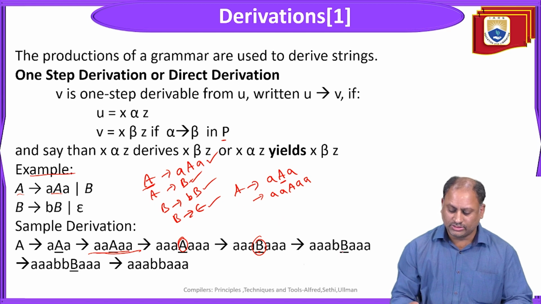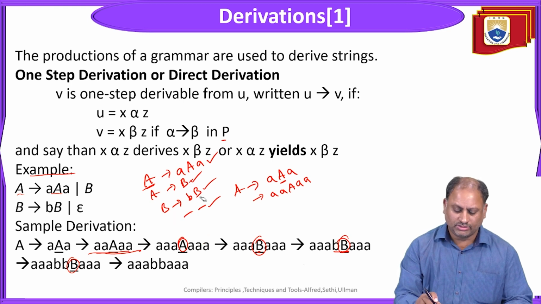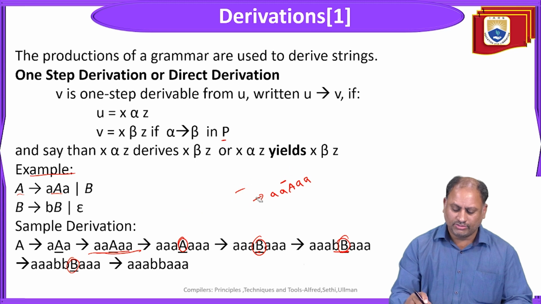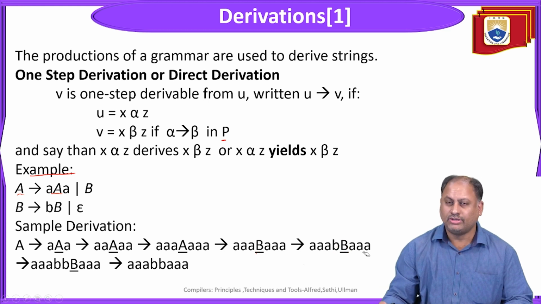Out of these two productions I can apply capital B. Once again capital B is replaced, so that is to be derived one time. This is called derivation steps. So until we reach the derived string, we are going to apply these.